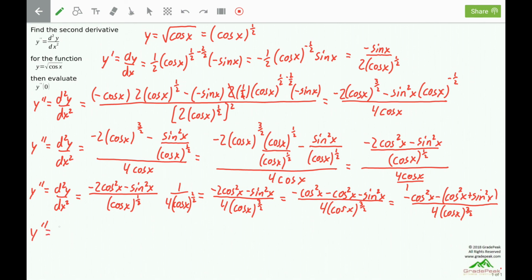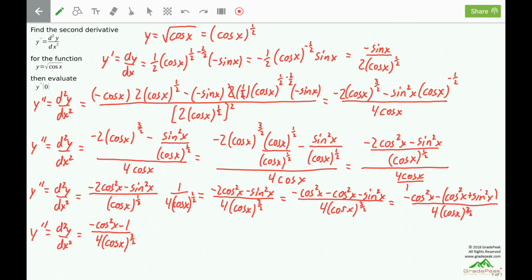So our second derivative will now be a negative cosine squared x minus 1 all over 4 times cosine of x to the 3/2 power.